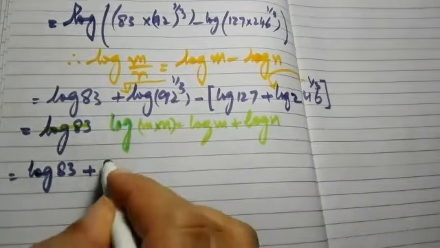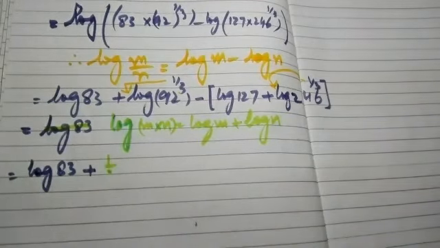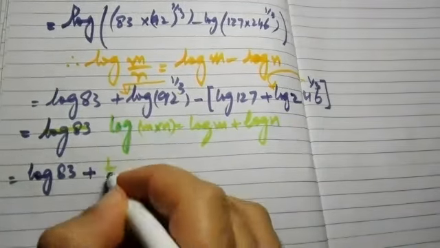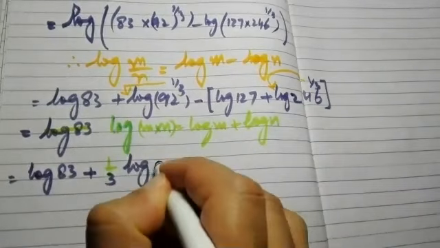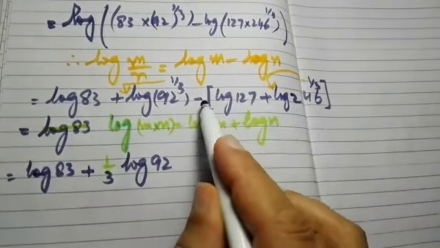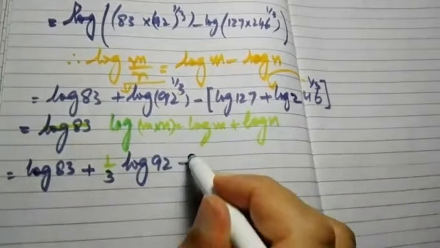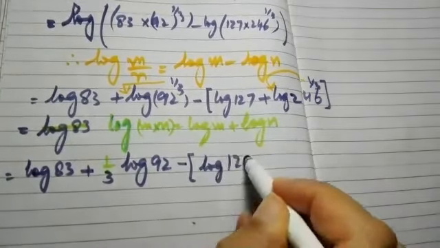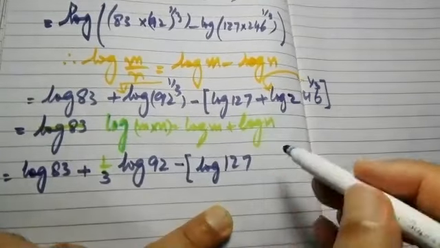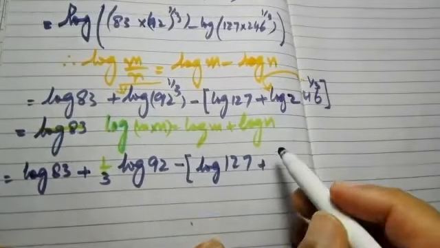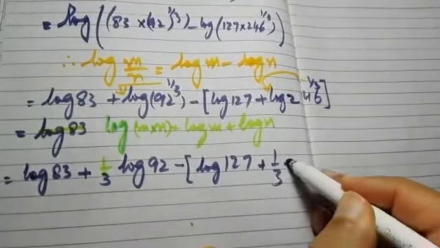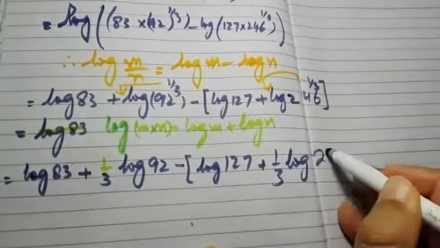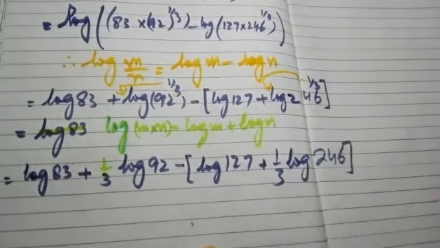So you will write it as 1 by 3 times log 92. Please be careful, keep this negative sign out. And log 127 plus 1 by 3 times log 246.